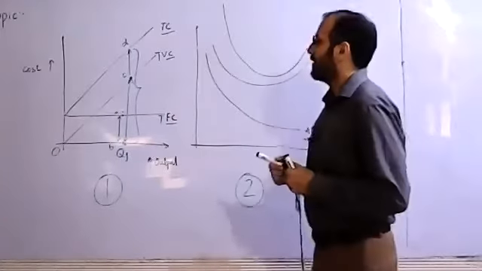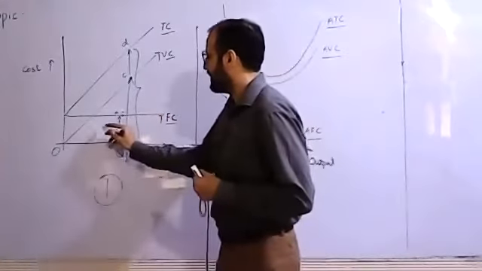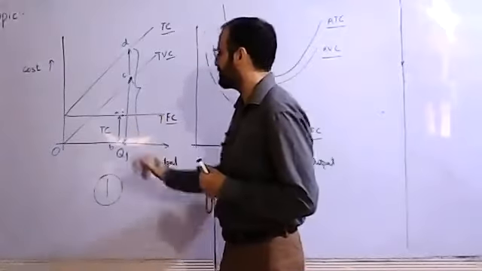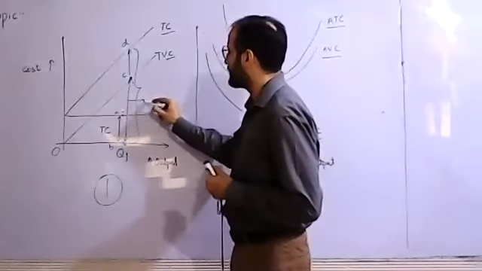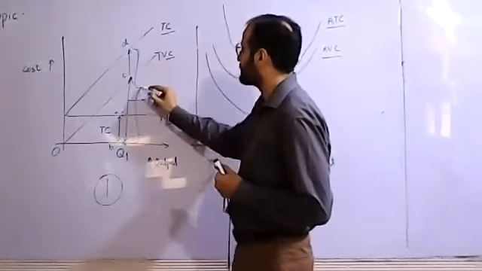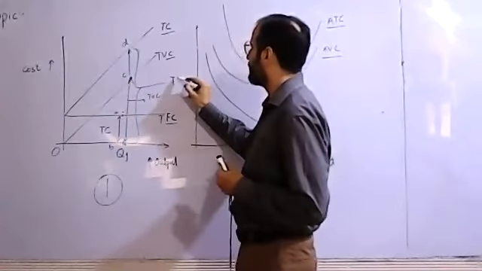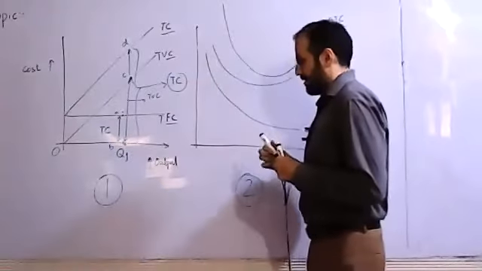Okay? So this area is going to be known as total cost. From this area to this area is the total variable cost, and this whole bracket is known as total cost. There we go.